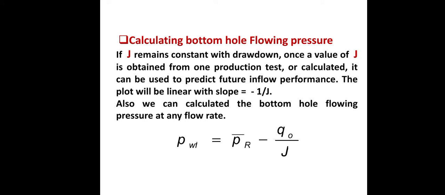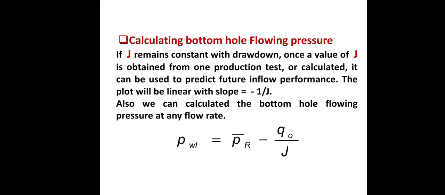Calculating the bottom hole pressure. If J remains constant with drawdown, once a value of J is obtained from one production test or calculated, it can be used to predict the future inflow performance. I will state it again: the future inflow performance. The plot will be linear with a slope of negative 1 over J. The minus sign is because the line is declining; from the left to the right it is declining, so the slope is negative.